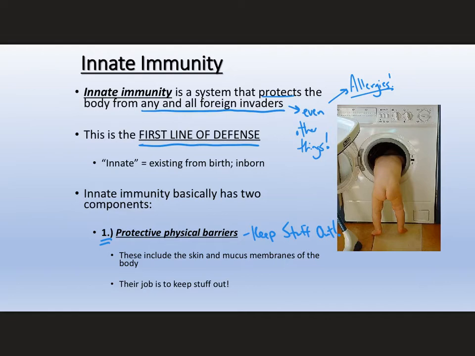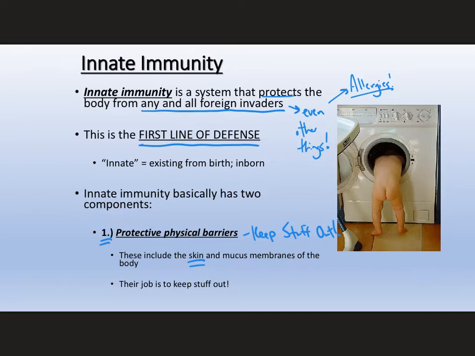So the biggest part of the physical barrier idea is your skin, right? Human skin is very adaptive, I guess we could say. It's stretchy, it's thick, it's a well-sealed, waterproof covering for us. And of course, as you probably know, if you get a cut or an opening in the skin, then you have to worry about a potential infection, right? Otherwise, when your skin is solid, it protects your body and keeps things out.